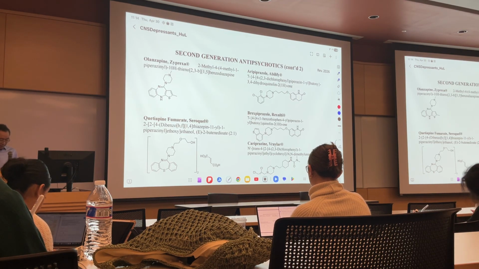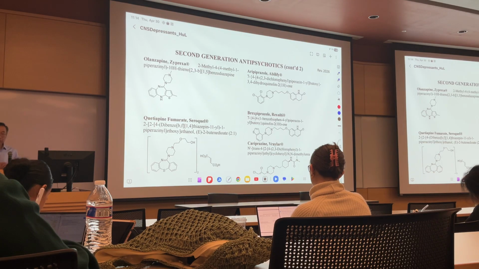This drug is similar to clozapine, treats both positive and negative aspects of schizophrenia, while it does not have the incidence of agranulocytosis, right? So this is an advantage of this drug molecule.